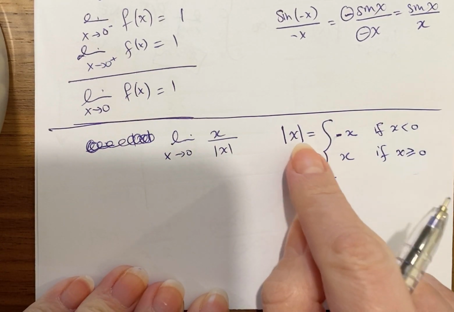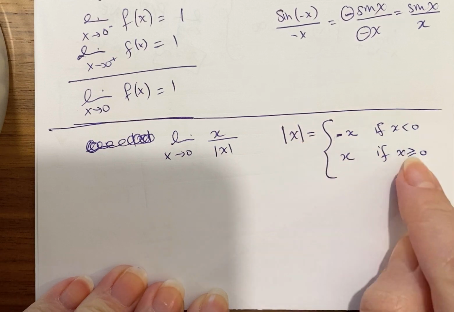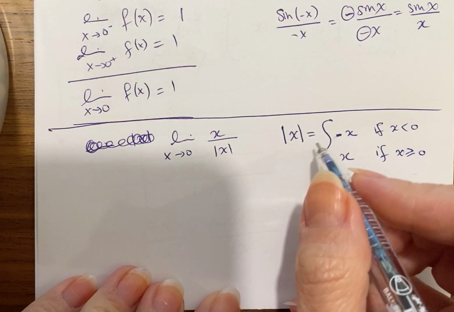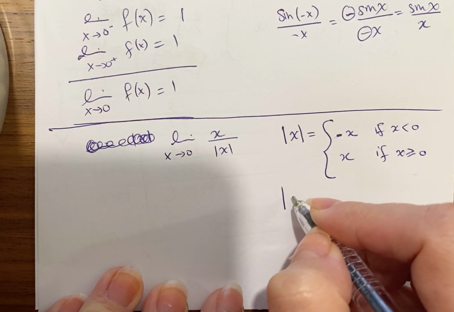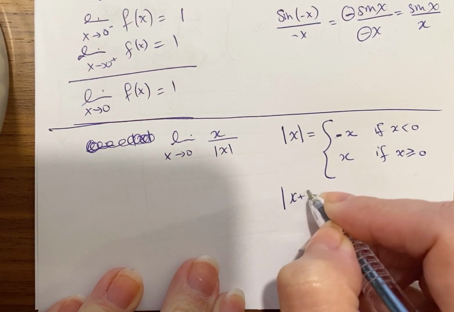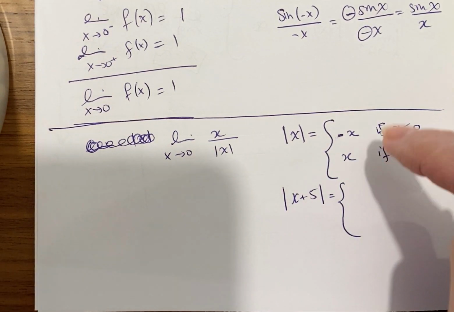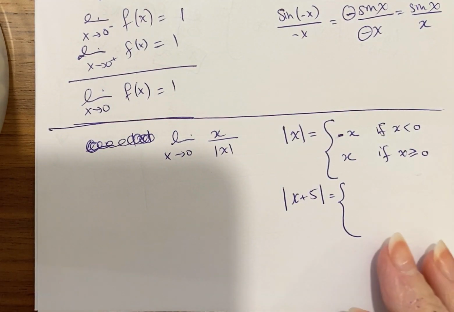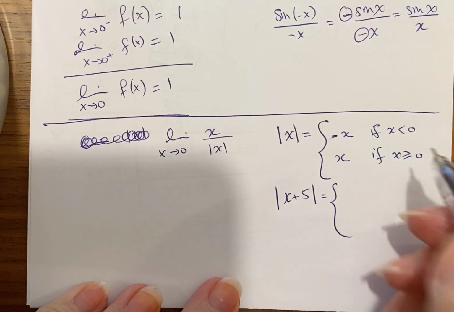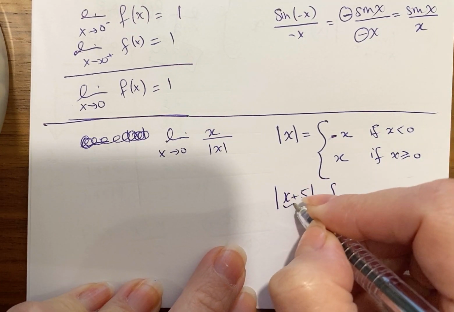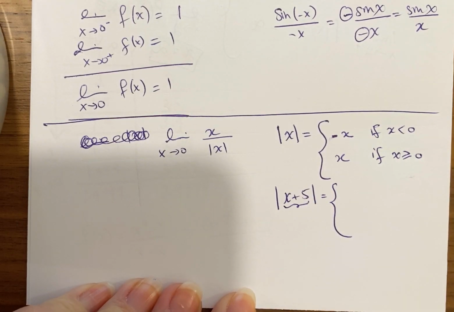Absolute value of 10, since 10 is positive, is 10. It stays the same. Similarly, be careful. If it was, for example, x plus 5, many students write it exactly the same way. It's not the case. If you have absolute value of x plus 5, you deal with all of x plus 5 as one package inside the absolute value.